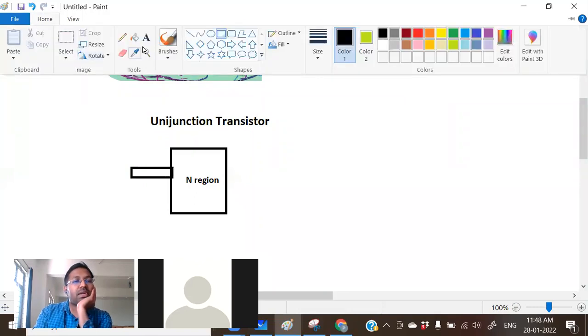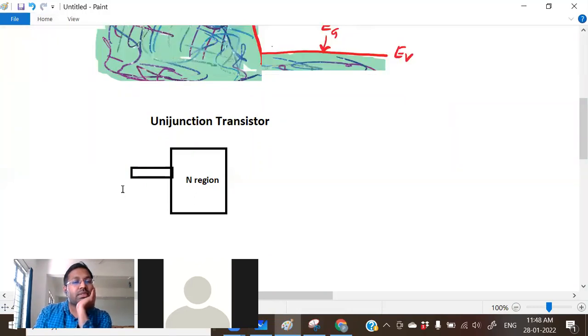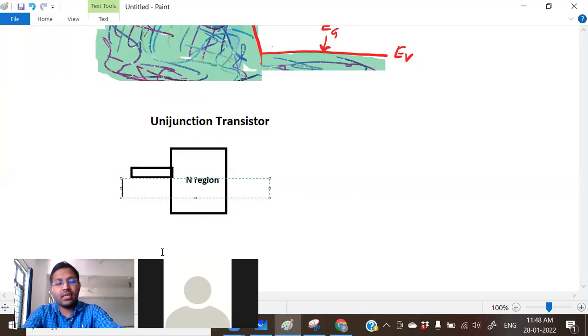Anyway, first let me label this. This one is aluminum.